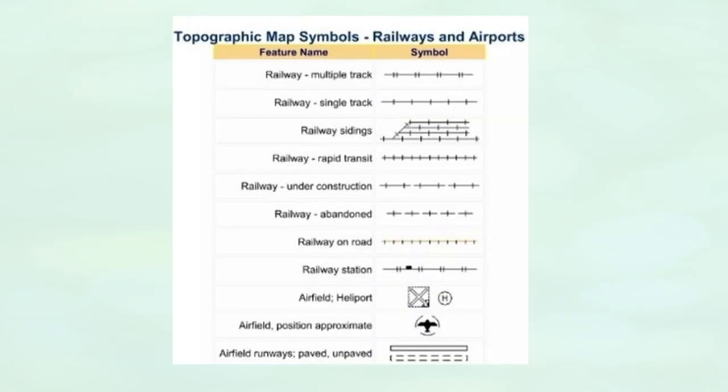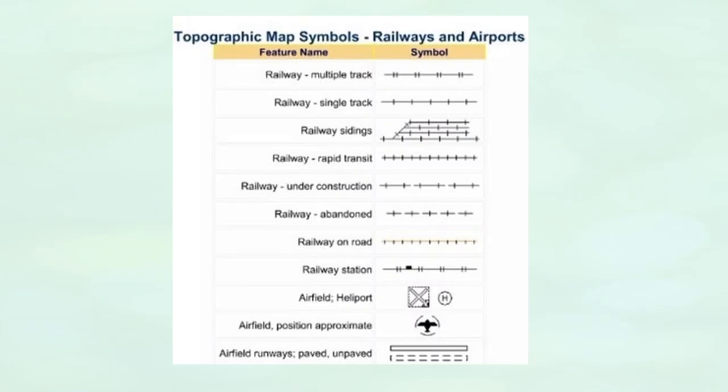Yes. Next, about railways. Even in railways we have broad gauge, meter gauge, narrow gauge, different types of railways. Anyhow, here commonly railways will be represented as we are going to see.